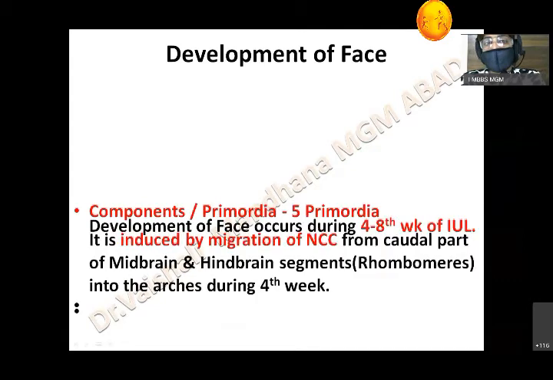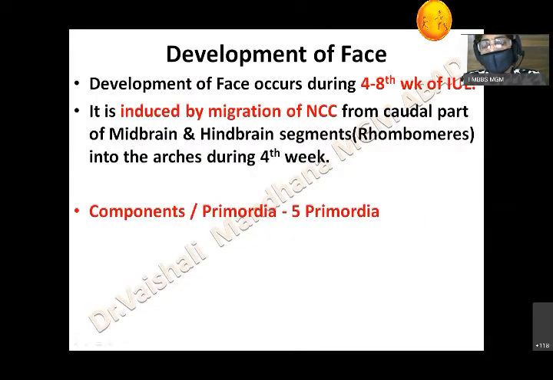So if you remember, the face development occurs in the 4th to 8th week of intrauterine life, and it is induced by migration of neural crest cells from midbrain and hindbrain. They are called rhombomeres. They are present in segments that we have already seen in the molecular regulation of arches, the pharyngeal apparatus.